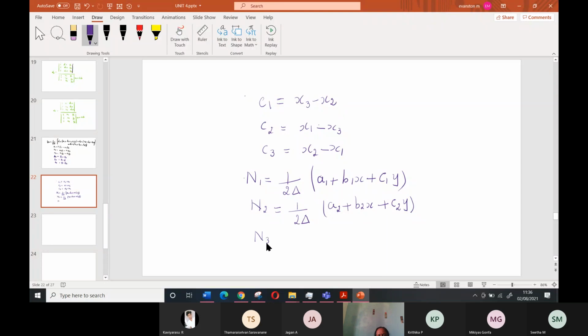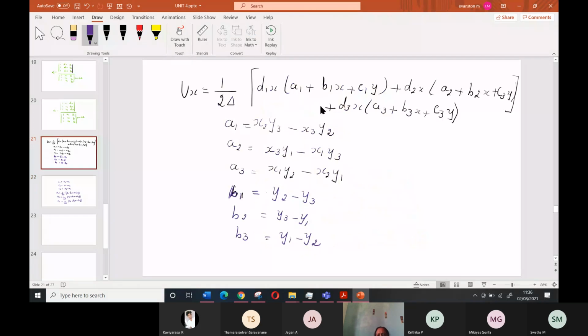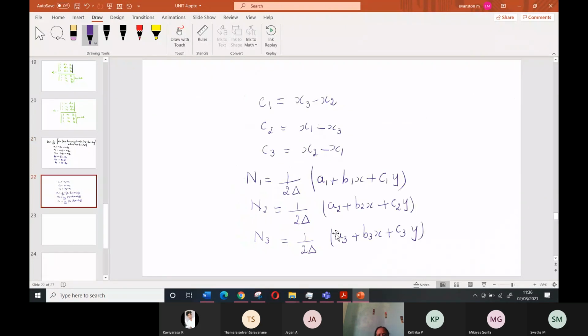N3 is equal to 1 by 2 delta into a3 plus b3x plus c3y. Am I correct? What I have written is this is n1, this is n2, and this is n3. So now we have found out the shape function for the constant strain triangular element, the CST element.